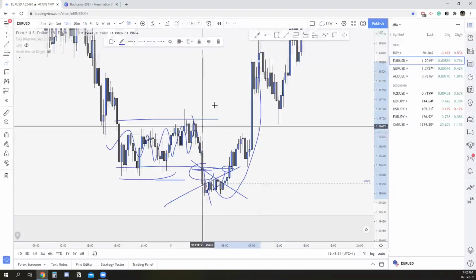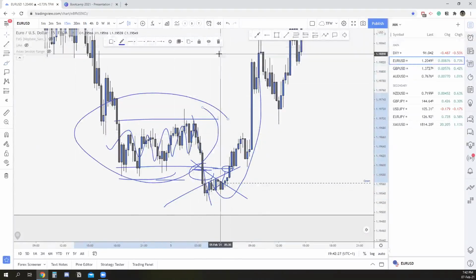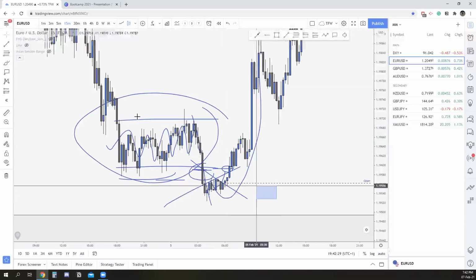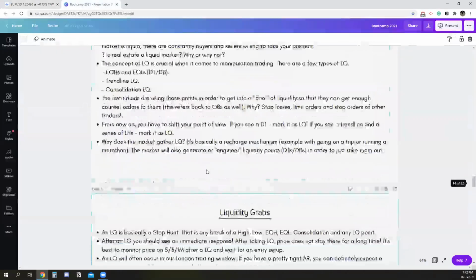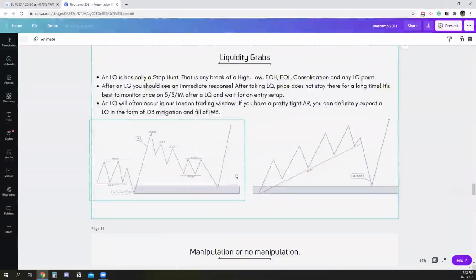And then we go. So basically you often see, just before the market taps into an OB, liquidity being engineered. That's how we call it. And then the little concept of liquidity grabs. This is basically the grab that takes you into the trade or taps into the OB, right? A liquidity grab is basically a stop hunt.